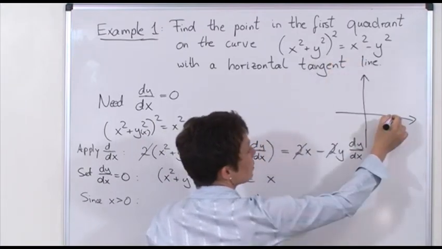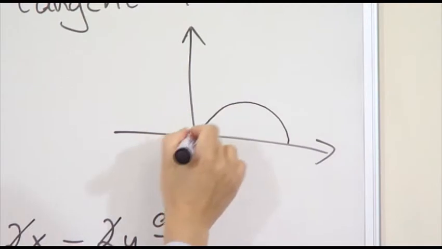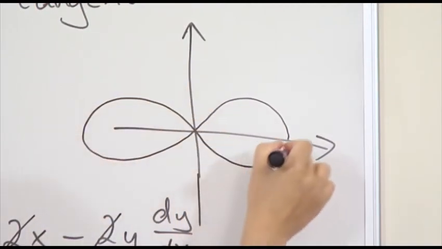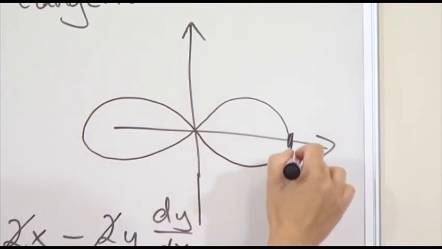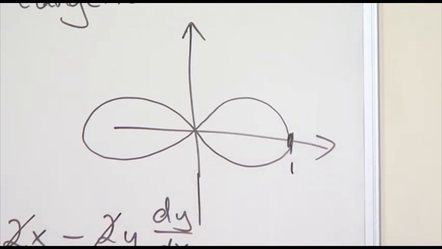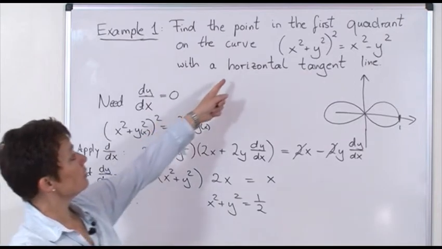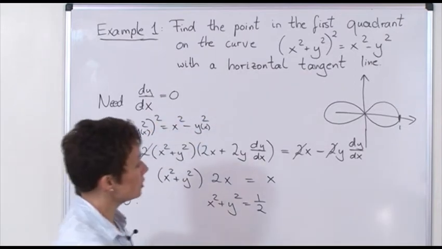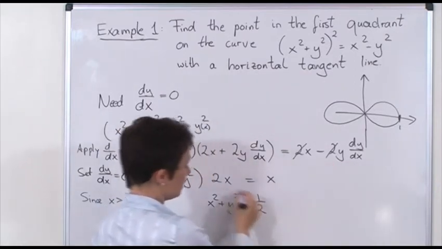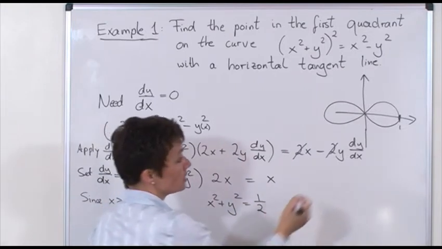So our original curve is the figure 8, which we saw on the screen. This is the point 1. And now the condition that the tangent line is horizontal gave us the condition that the point needs to lie on the circle with this equation.